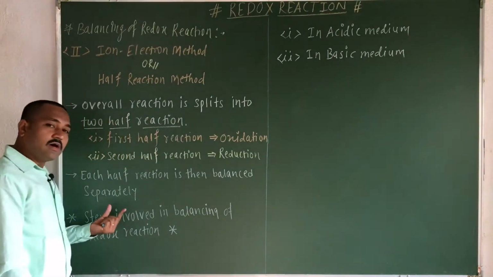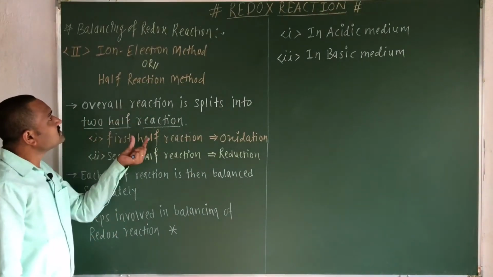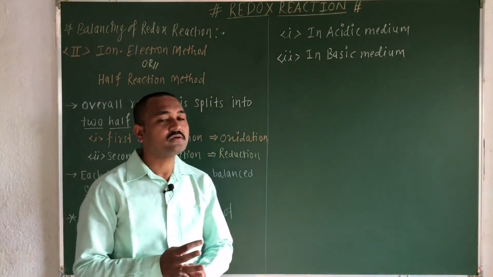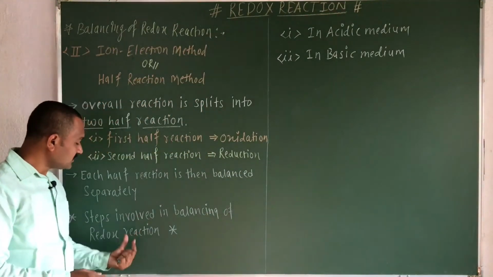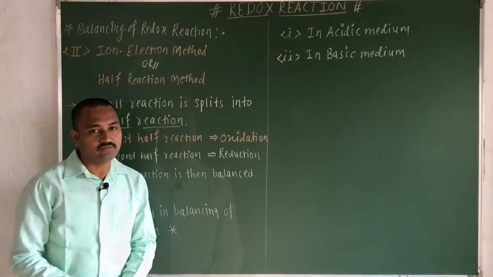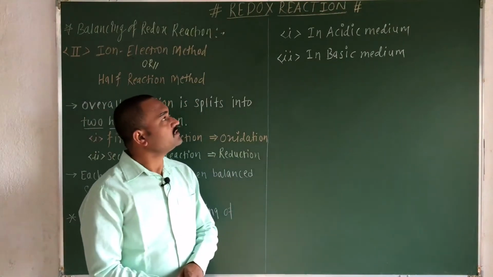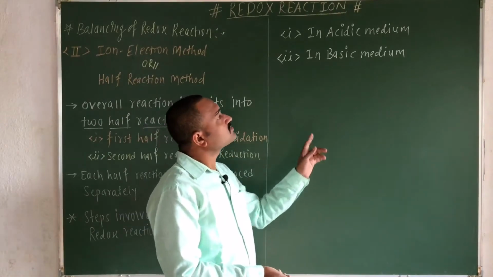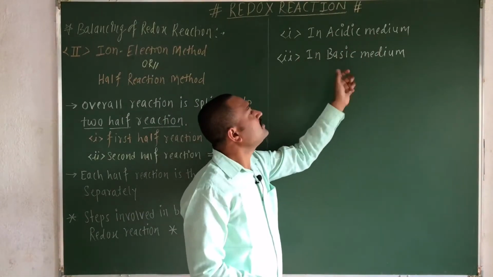Now again we know that for balancing your redox reactions we require a systematic procedure, and that systematic procedure consists of a few steps that we are going to learn. In the previous lectures you have studied that whenever we balance redox reactions, we balance them in acidic medium and basic medium.